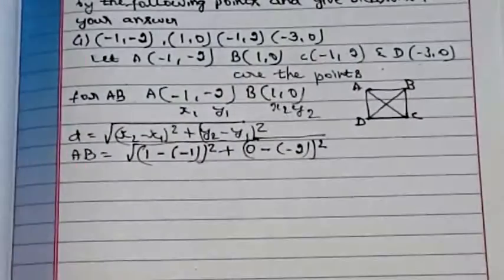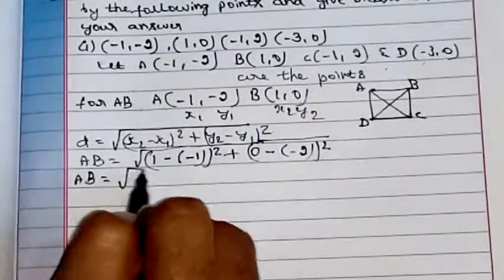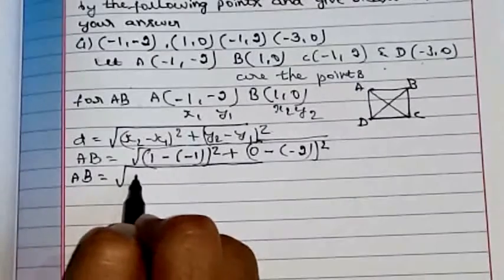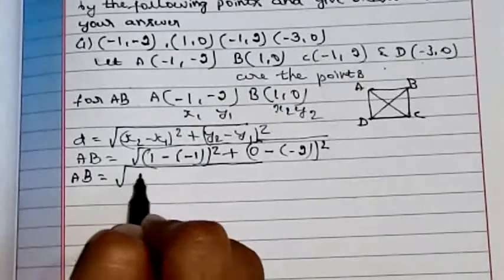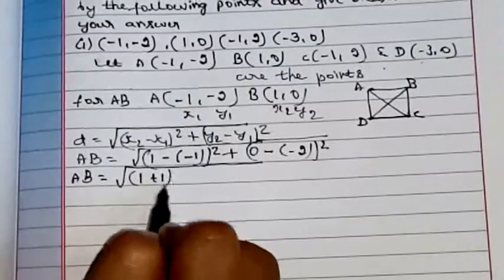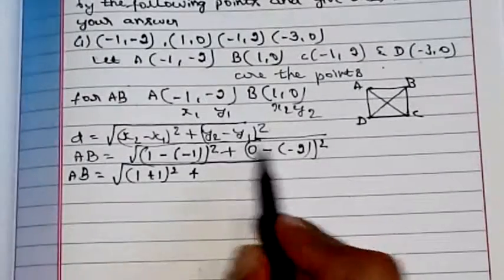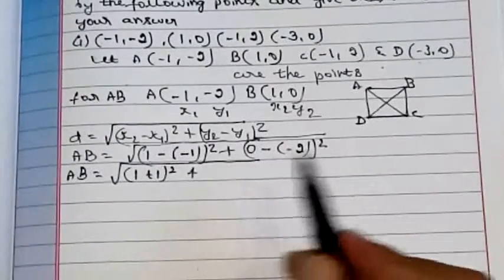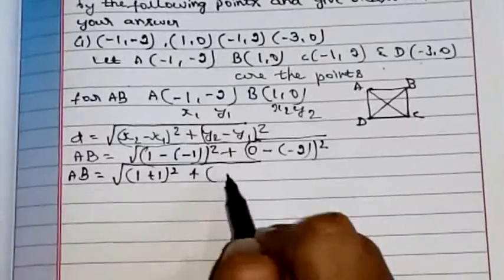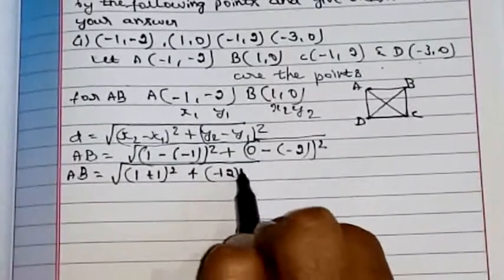Now simplify this. AB is equal to square root of, first open the bracket, so 1 as it is, minus into minus is plus 1, whole square, plus, if you subtract from 0 the same number comes, so leave the 0, minus into minus is plus 2 whole square.